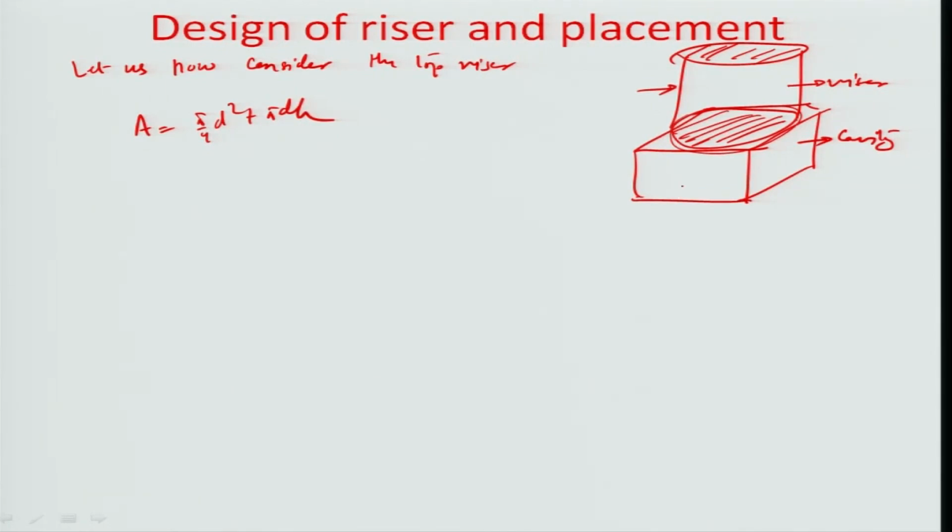Okay. So, in that event, if I do dA by dd, we get twice pi d plus, now we have to substitute for h here, and h was substituted earlier as 4 v by pi d square, and effectively this turned out to be 4 v by d.